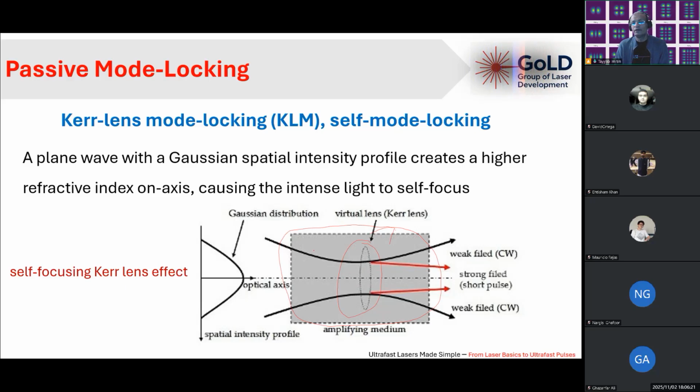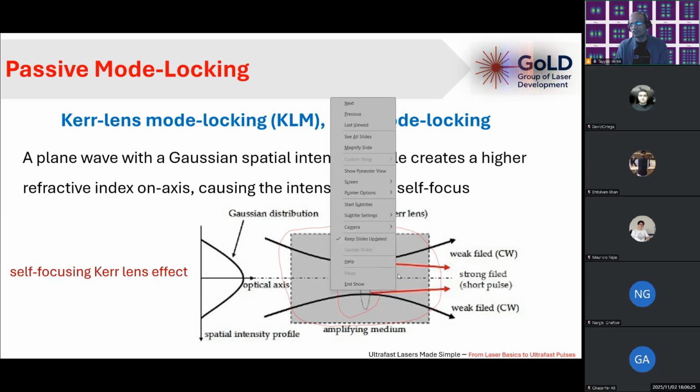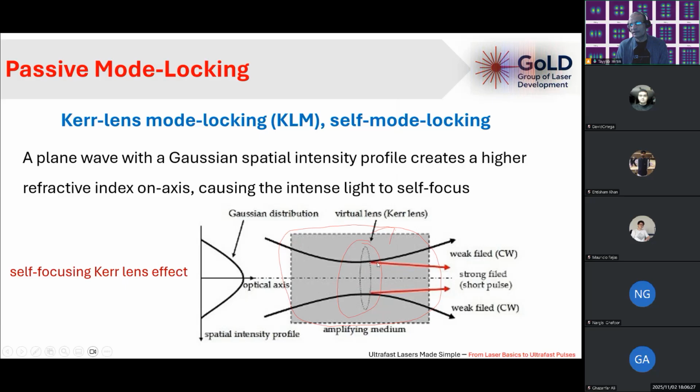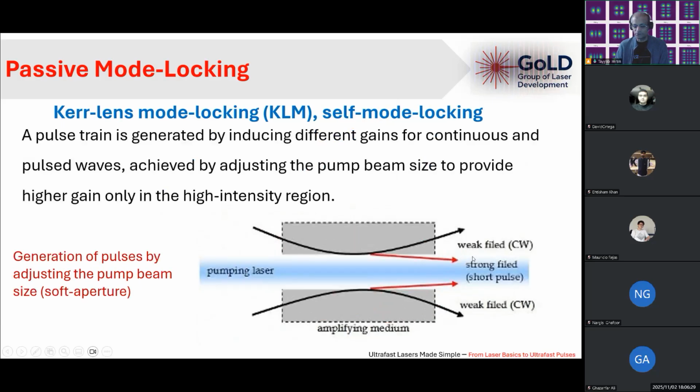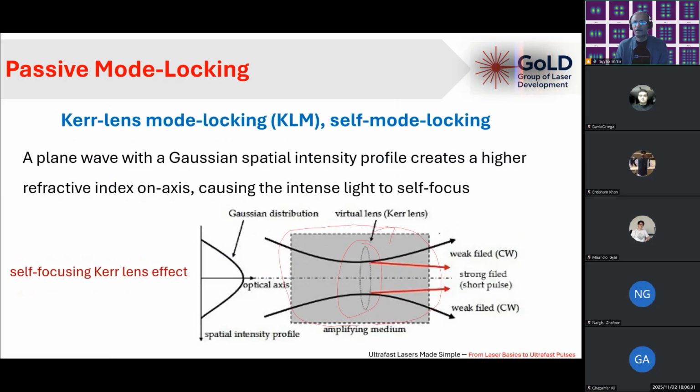So when intense light passes through, it squeezes here and it focuses, sorry, it focuses here, self-focusing. Anyway, the first thing mentioned here is that a kind of virtual lens is created.